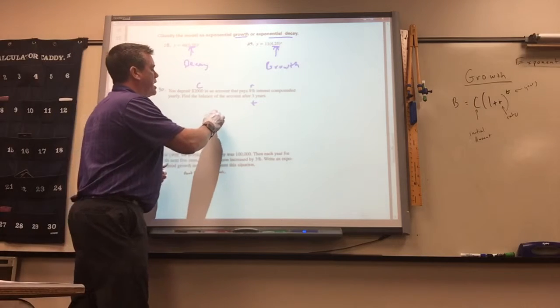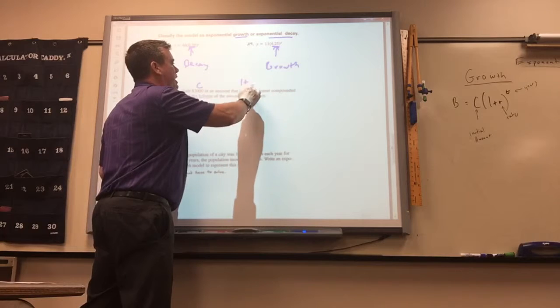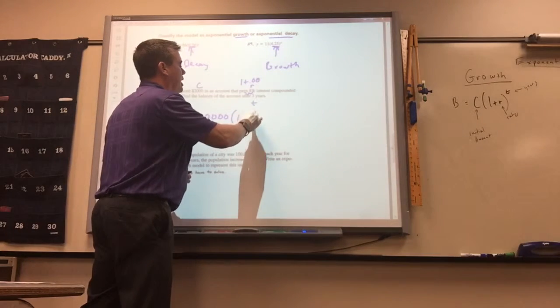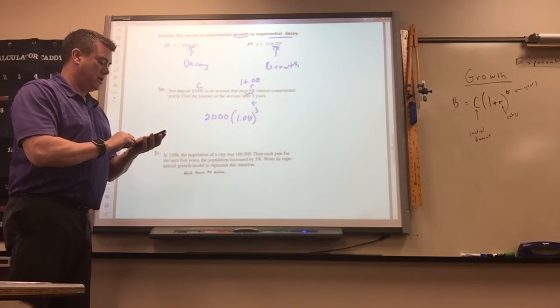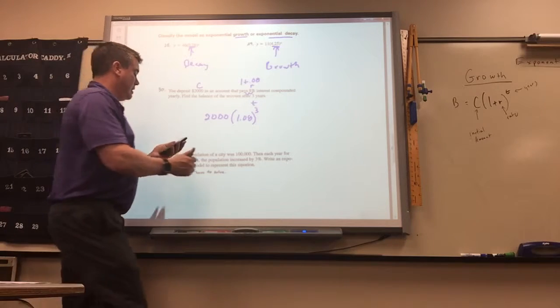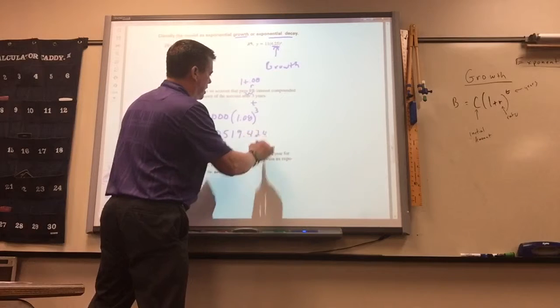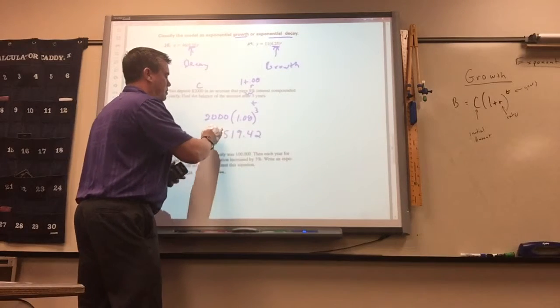So you take 2,000 times 1 plus the rate, which is 0.08, raised to the third. So 2,000 times 1.08 to the third is 2519.424, which, it's money, so you only have 2 decimals, so it rounds to 42 cents.